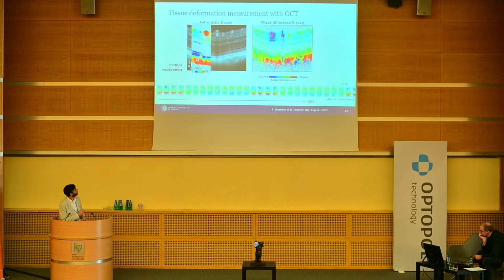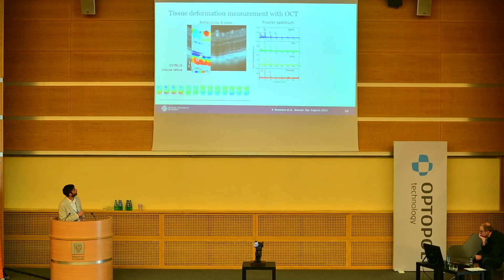For each given location in this OCT image, we can now analyze by how much the tissue is moving, and then perform a frequency analysis to, for example, see the motion patterns in different locations of the retina.